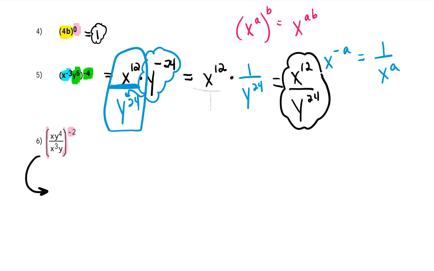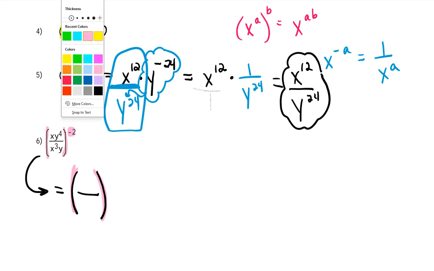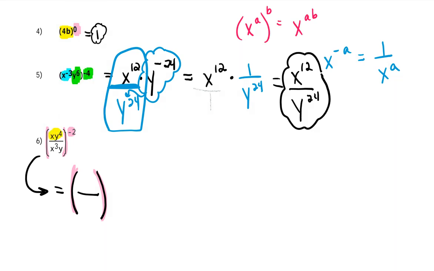So I am going to use that rule that says if you flip the stuff in the parentheses over, if you take what was on top, which is this guy, and put him on the bottom, and take what was on the bottom and put him on the top, then it will change your exponent outside from a negative 2 to a positive 2. Okay, so I just flipped it over.